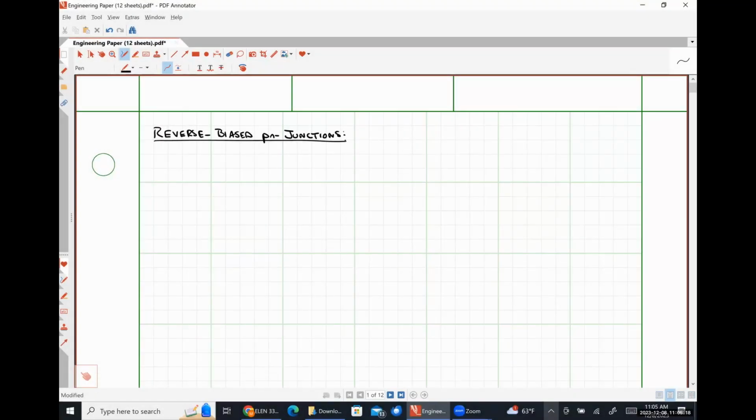So in a reverse bias PN junction, we effectively have the exact same thing as a forward bias PN junction, but the polarity of our applied voltage has been switched. So it would look something like this.